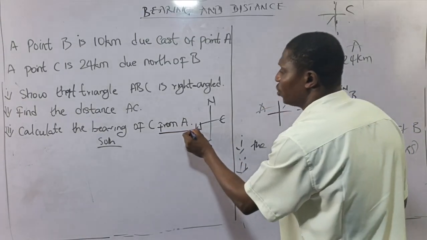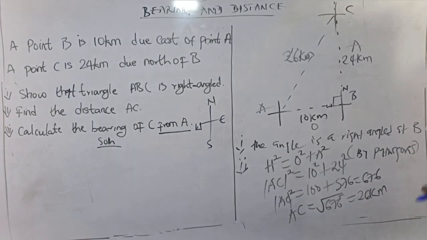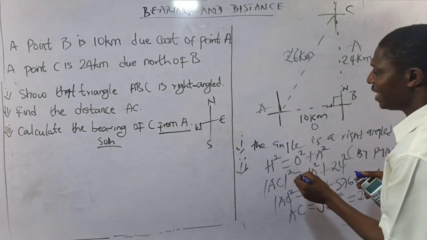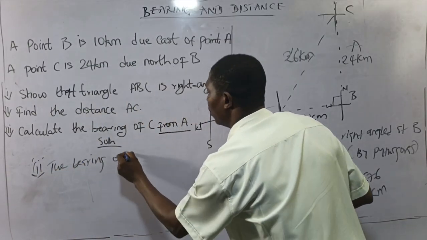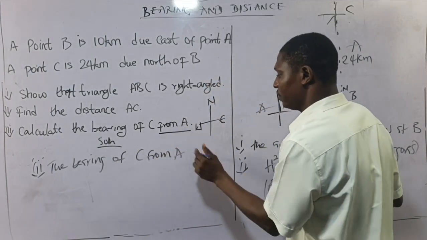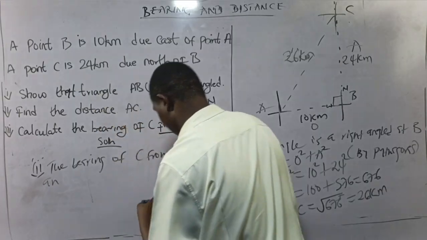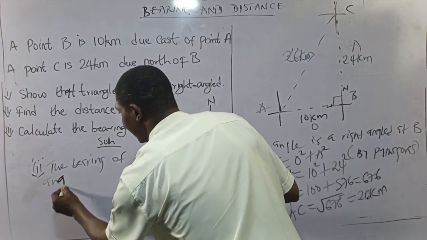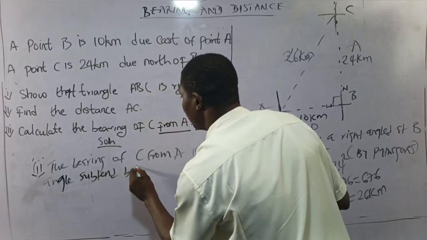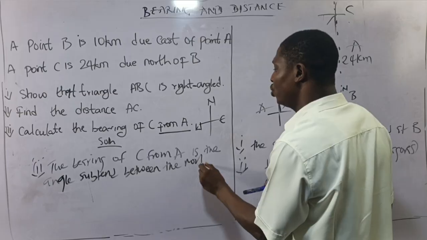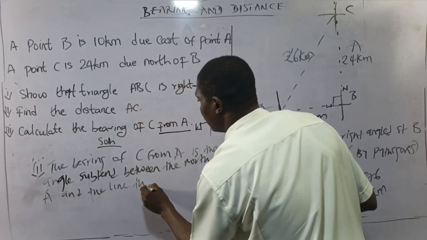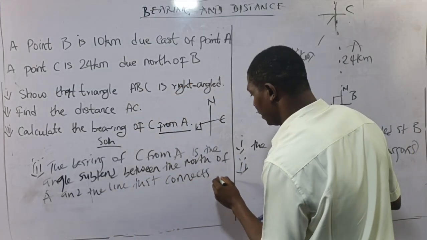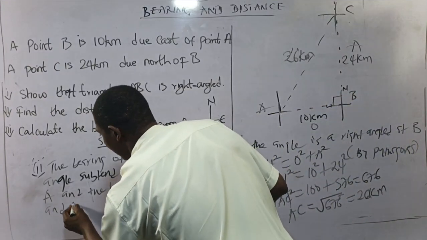They are asking me the bearing of C, with respect to A. So I will write it: the bearing of C from A is the angle subtended between the north of A and the line that connects C and A.